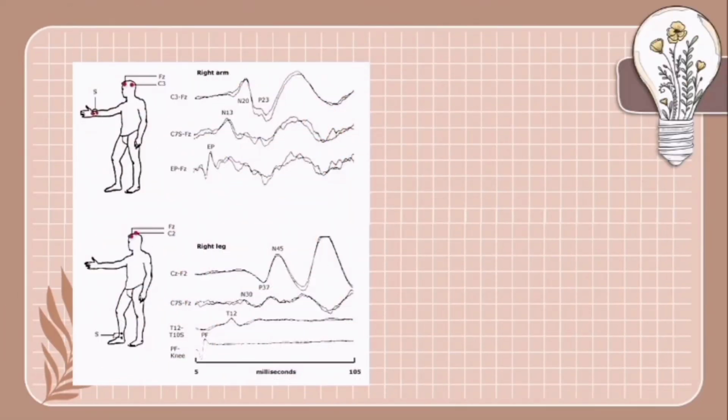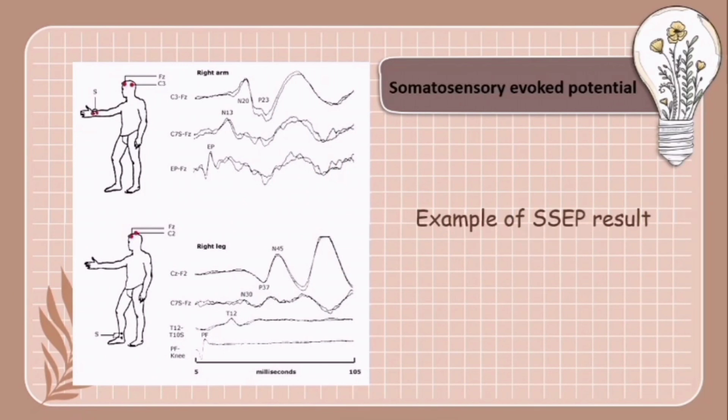Next is somatosensory evoked potential. This SSER test can detect problems with the spinal cord that cause numbness of the arms or legs.